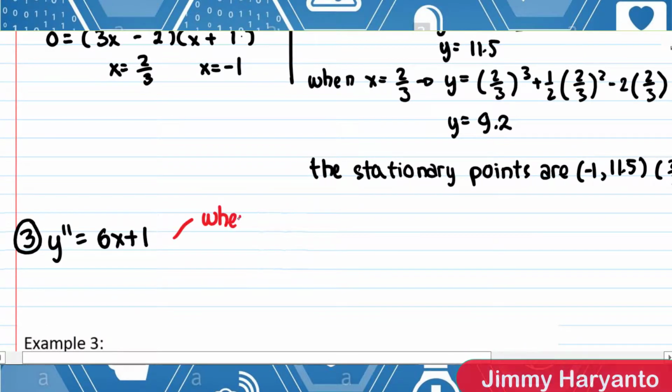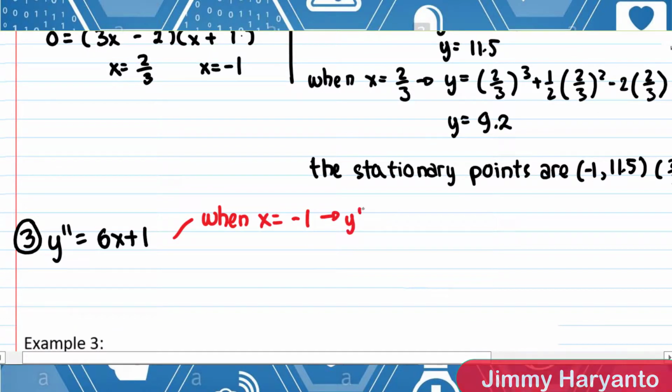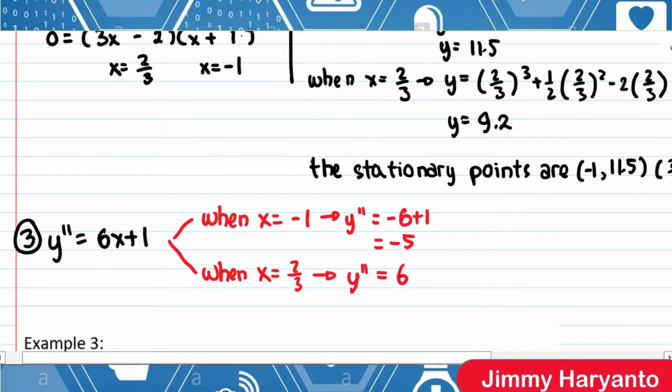So when x equals -1, the y double accent will be 6 times -1, -6 plus 1, it will be -5. And then when x equals 2 over 3, the value of y double accent will be 6 times 2 over 3 plus 1, and the result will be 5.